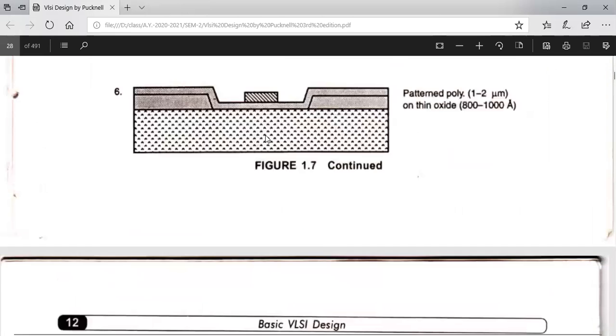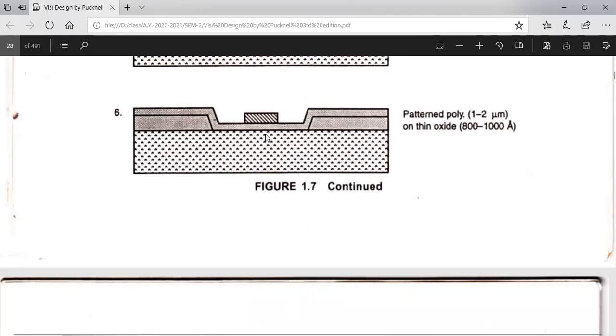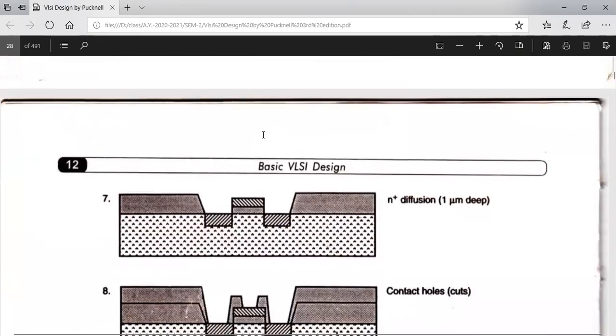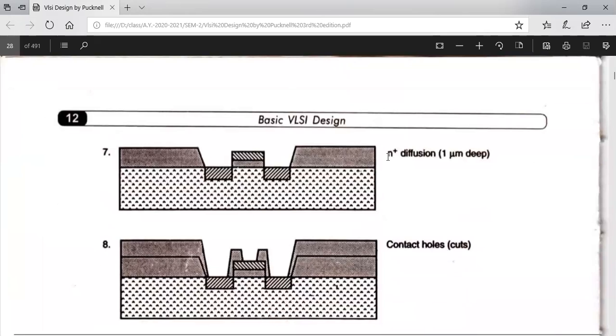We can observe the difference between the fifth, sixth and seventh figures. In the seventh figure, we are forming the source and the drain, which are highly concentrated N type. It is done with the diffusion process, and generally the depth of this N well or P well will be 1 micrometer.